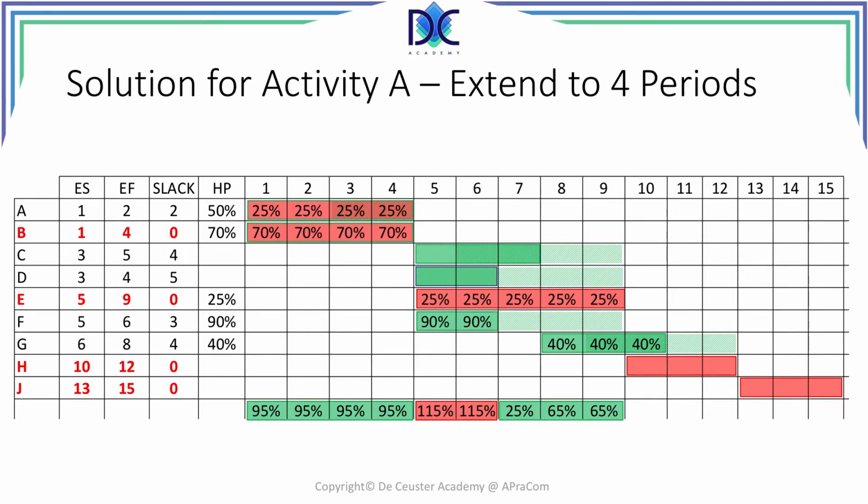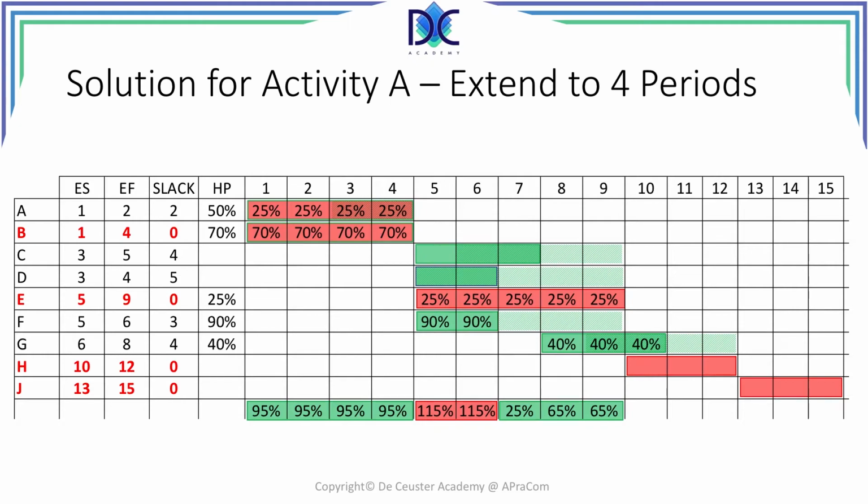When we extend the duration of A to period 4, we see that the total commitment of Harry Potter over the duration of activity A reduces to 25%.